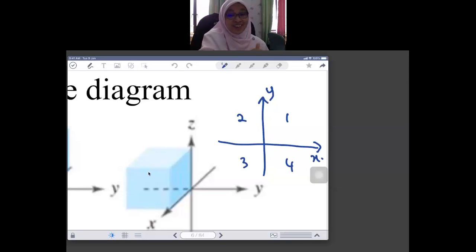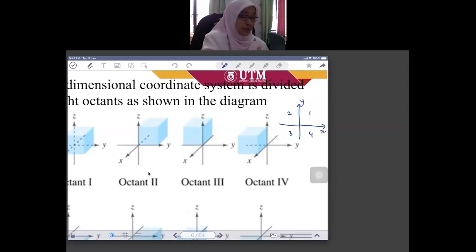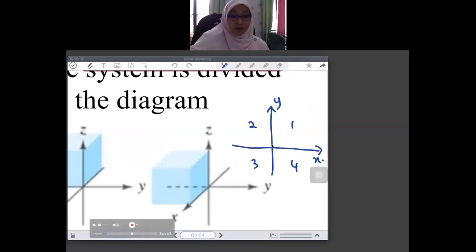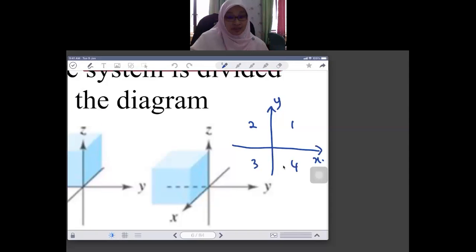Now you extend into 3D. For 2D we have four, but when we have 3D, it becomes double. You have 8. That's why we use the word octant.